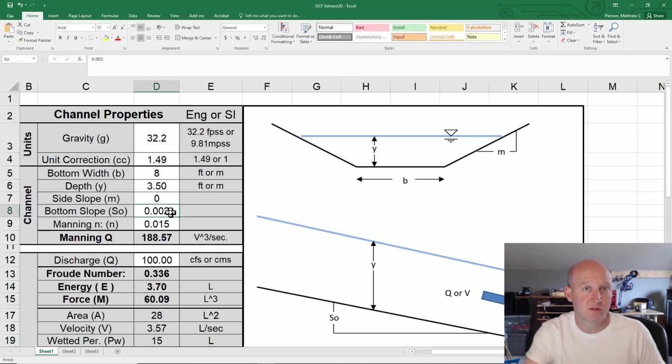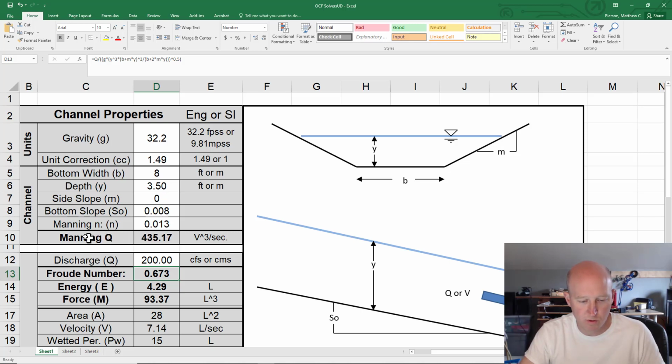And because there's two slopes, we're going to do this a couple of times. So for the first slope, we've got a bottom slope of 0.008, Manning's roughness of 0.013, and a flow rate of 200 CFS. So let's get normal depth first.